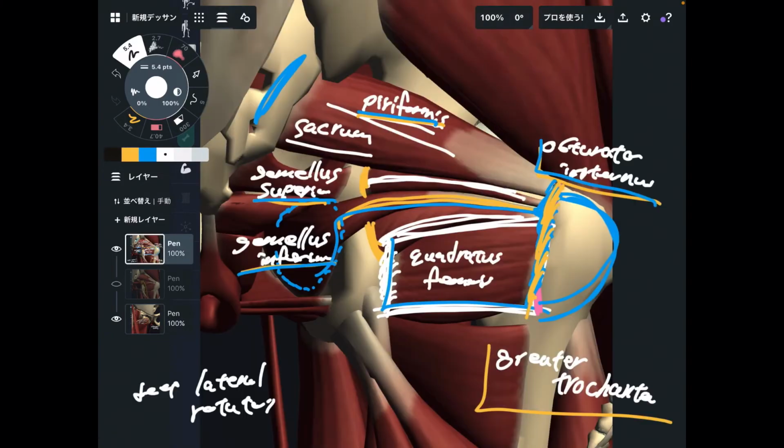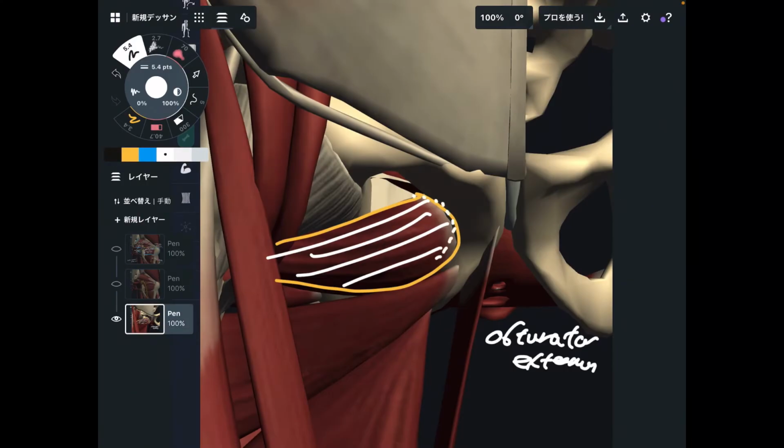See, this is obturator internus. That's from inside. This is obturator externus. These muscles attach to obturator membrane. Obturator membrane. It is important to understand hip and pelvis connection around here.